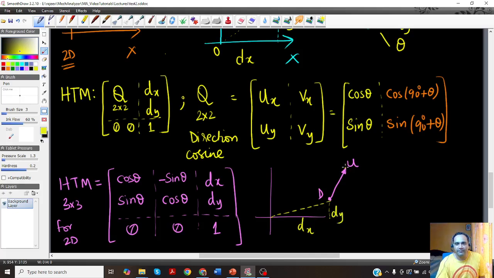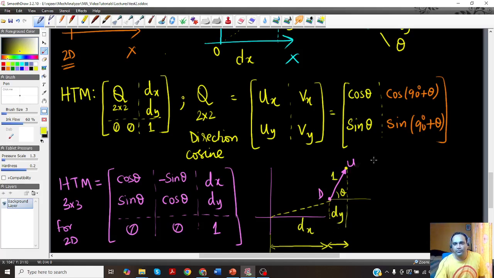If I want to find the point U, let me put this as capital U. If I want to find the value of U, what I should do is, this will be dx, this will be 1 cos theta, because this is 1 and this is theta, so dx plus 1 cos theta.